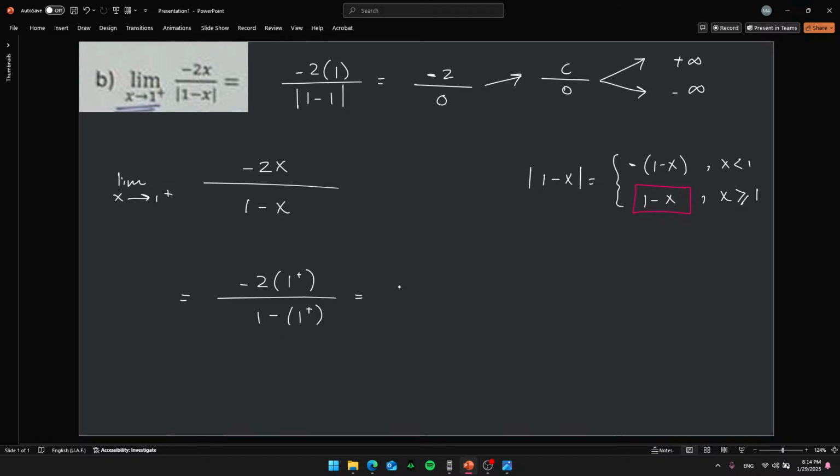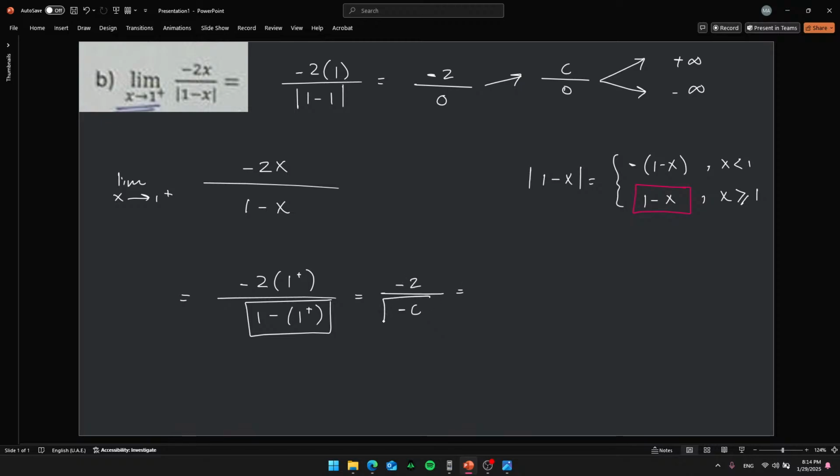So negative 2 over 1 minus a larger number would give me a negative number, as I said. So I think we shouldn't be canceling the negatives.